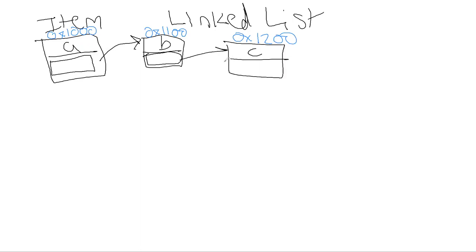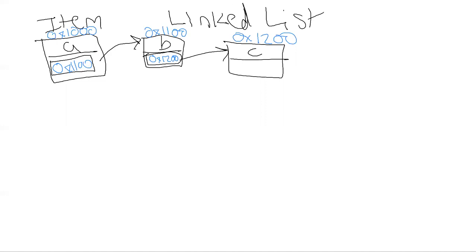What we would really be storing down here in those next pointers is the value 1100, because that's the location of where B is, and then B would have C, so that is going to be the location 1200, right?